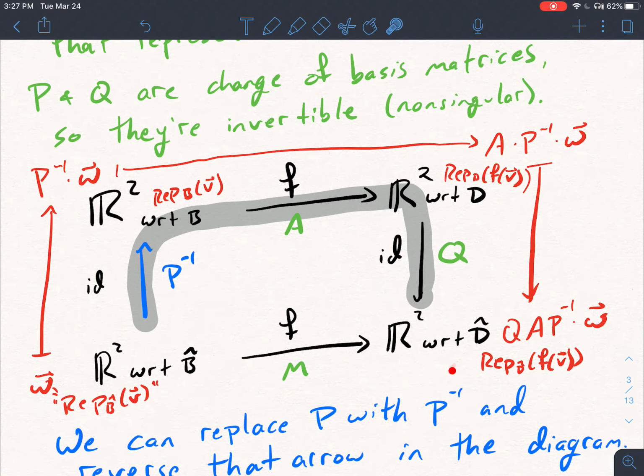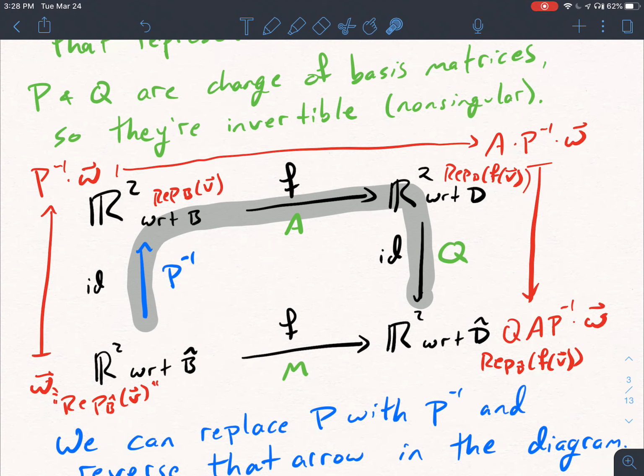And how I get this vector is I just take what I have over here and multiply it on the left by the change of basis matrix Q. So to go from the representation of v with respect to B hat to obtain the representation of f of v with respect to D hat, I want to multiply this representation on the left by a matrix M. And we can just go along this way and multiply first by P inverse, then by A, then by Q, all on the left.